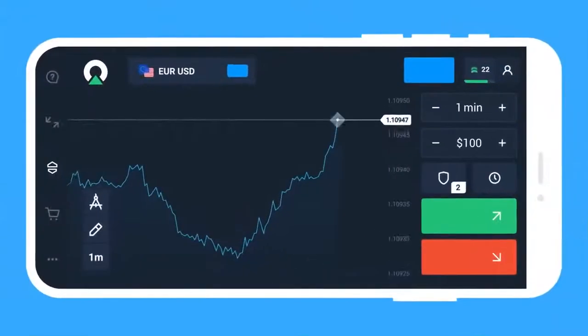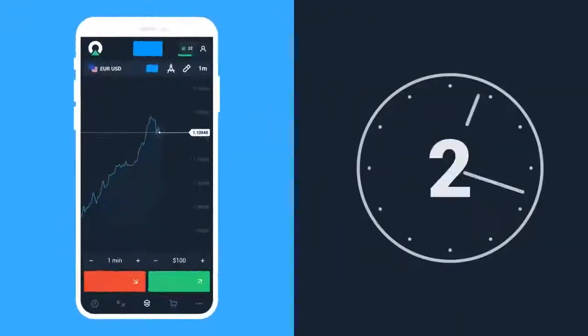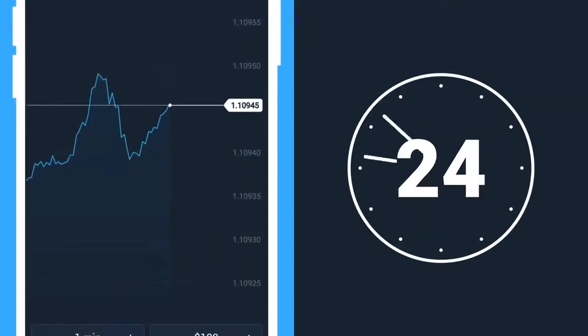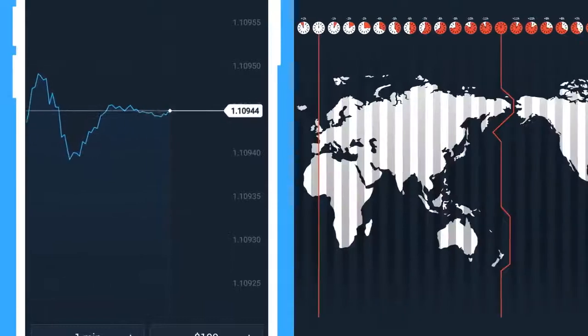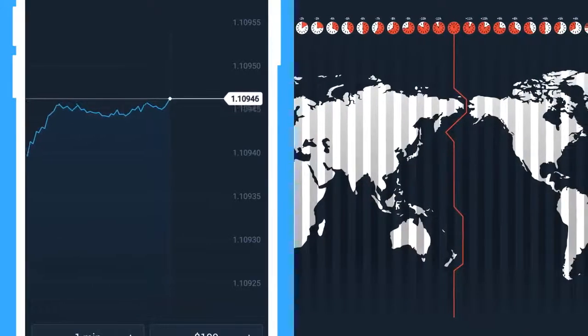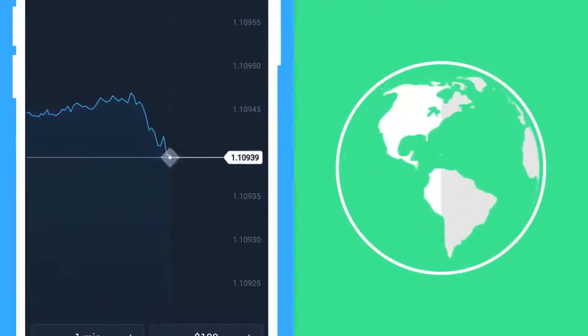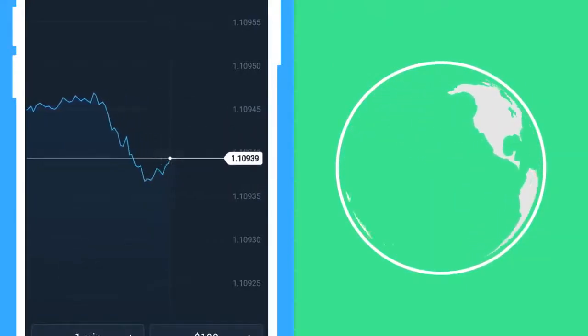The Olymp Trade platform allows traders from all over the world to trade 24 hours a day. This is due to the opening hours of popular exchanges, which open in rotation according to different time zones. When traders in one time zone finish trading, a trading session is just beginning at the other end of the world.